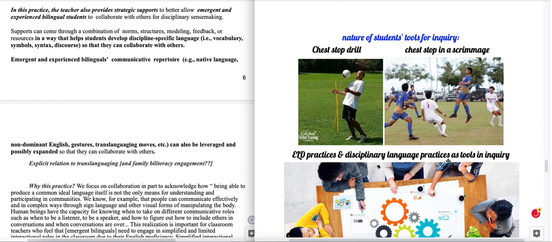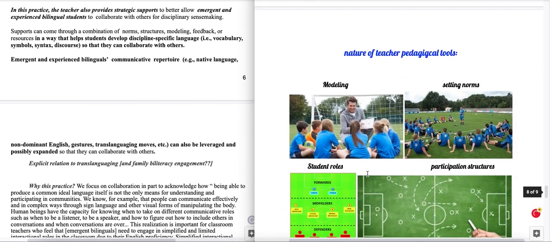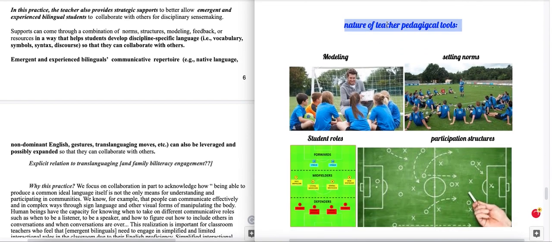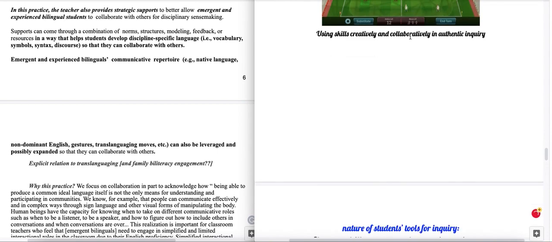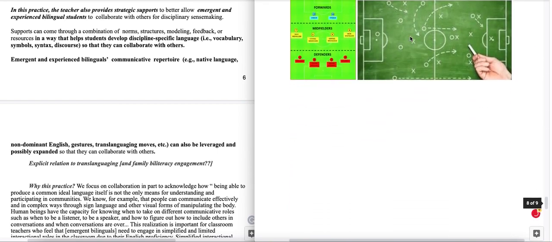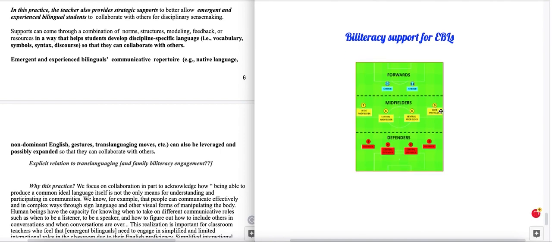They're using a particular set of tools to engage in that authentic inquiry. We have the teacher using a particular set of tools to support students in their authentic inquiry. And then we have another subset of tools that teachers are using to engage their emergent and experienced bilinguals.